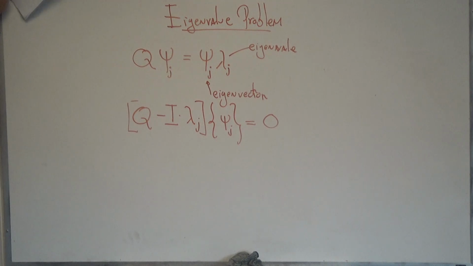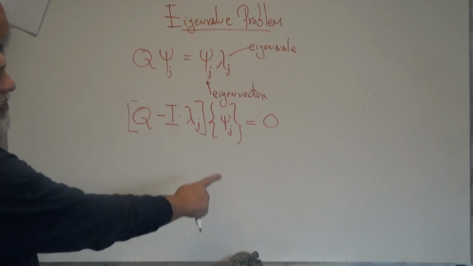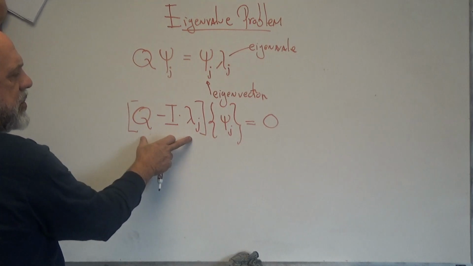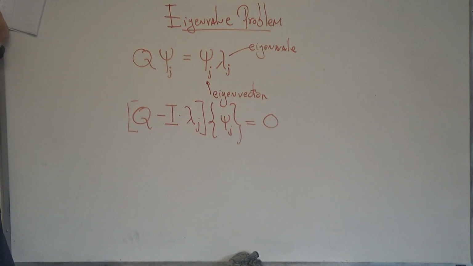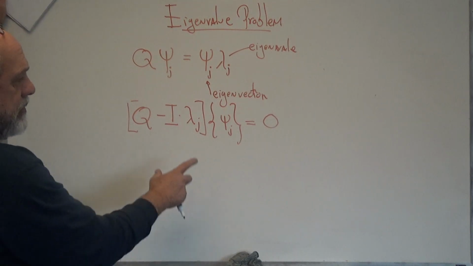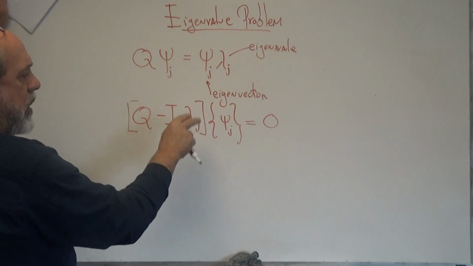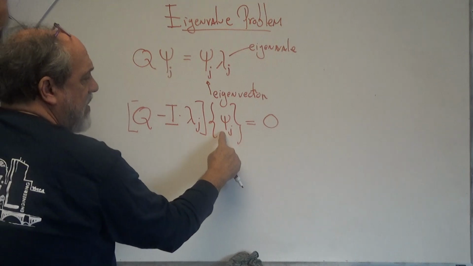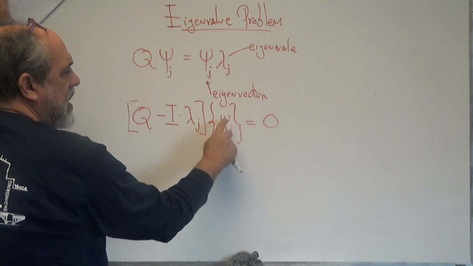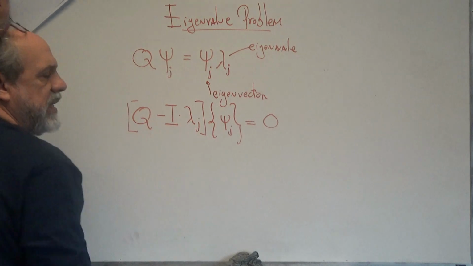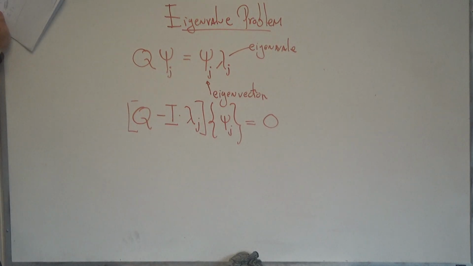And what it tells us, in terms of the interpretation that we had before, is that phi j is in the null space of the matrix Q minus I lambda j, right? That's very important for the discussion that's coming throughout. The eigenvector phi j is in the null space of the matrix Q minus the identity lambda j, all right?